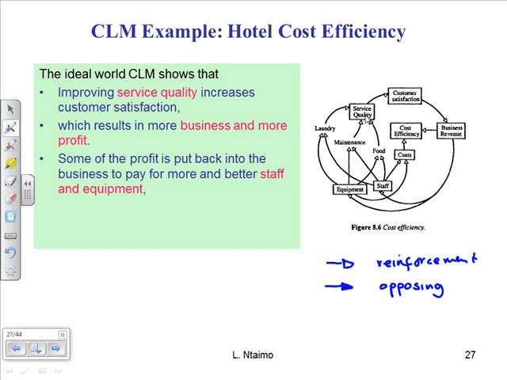So you want to basically reduce your costs, but still maintain high quality standards. And so the equipment and staff can actually lead to more costs. And most of you made that observation. What would be the impact of costs on cost efficiency?